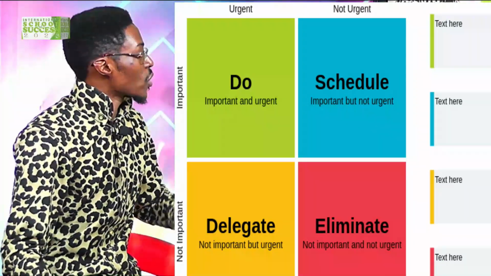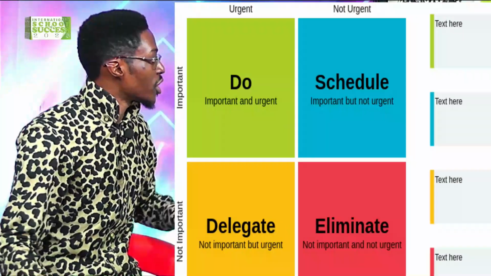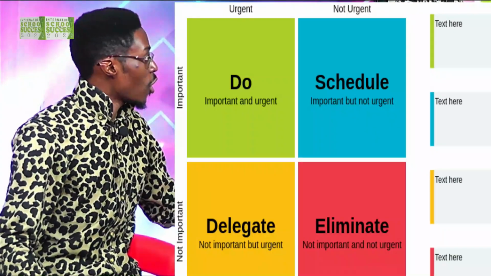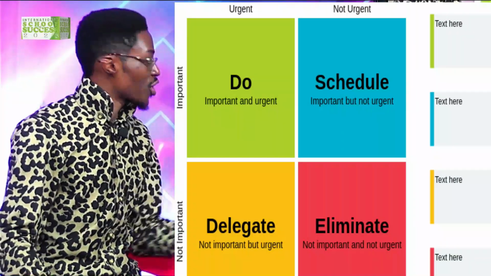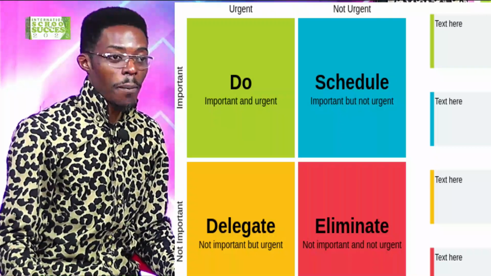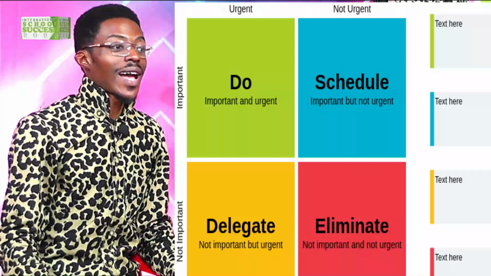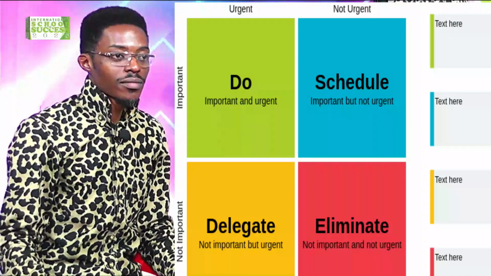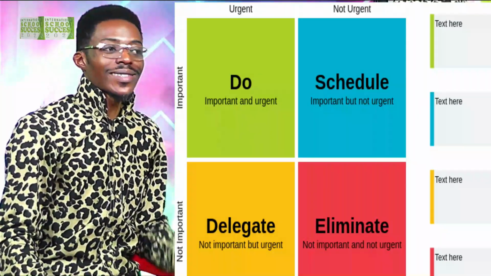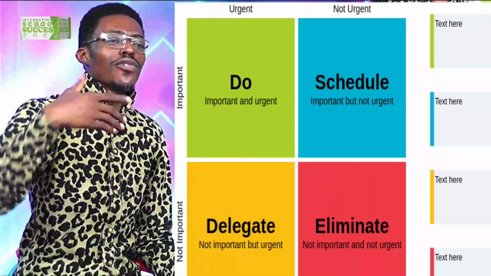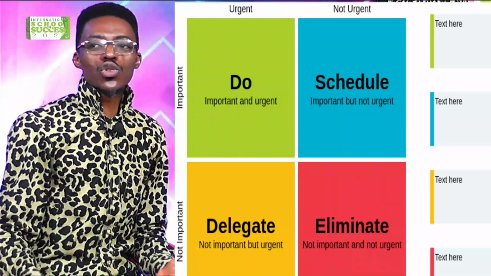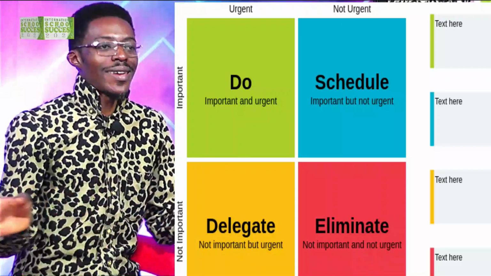One of the things on quadrant 4, which is not urgent, not important, eliminate them. Those are things that must not be done today. Those are things that they are not urgent and they are not even very important. You choose to do such things in your free time.